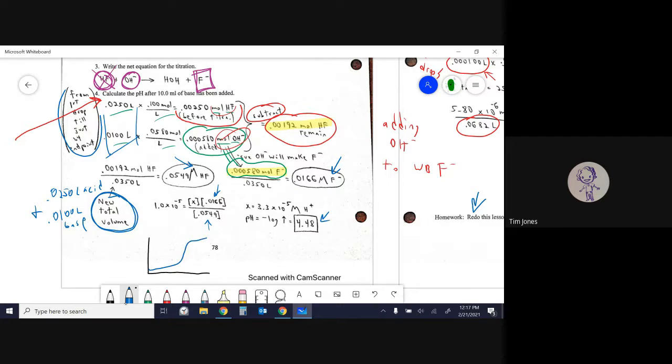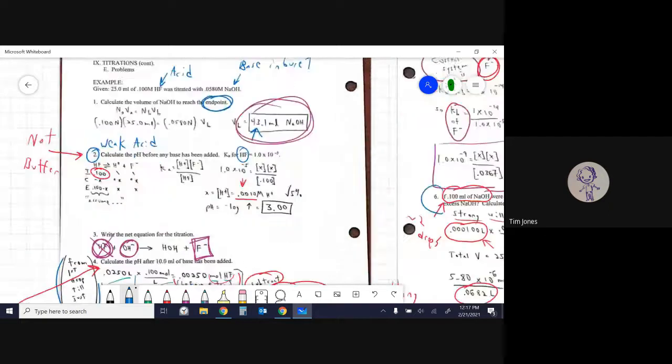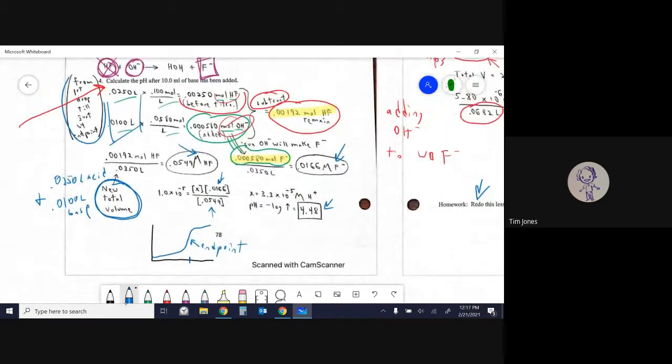In which point, which is step 5 of the lesson, we are at 10 milliliters. The end point was something like 43.1 milliliters of base. Well, step 4 right here, we're only at 10 milliliters.